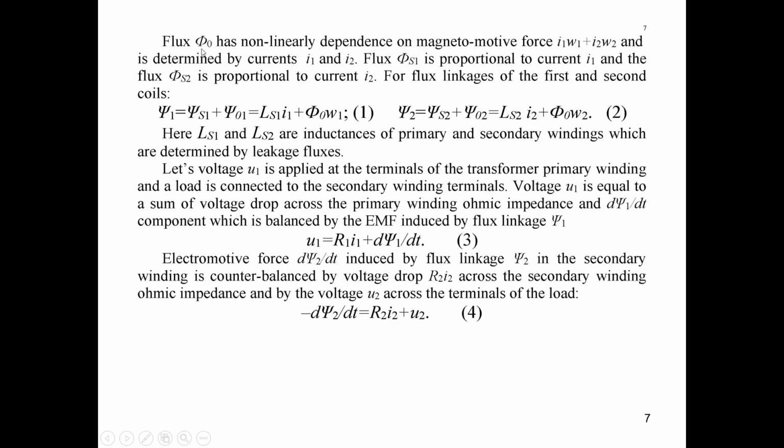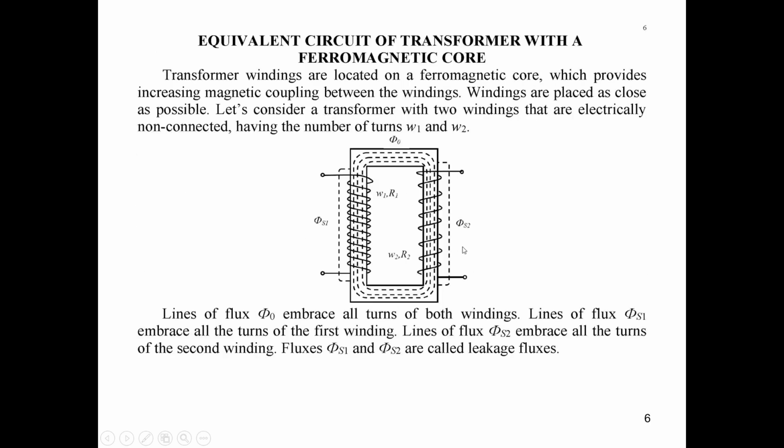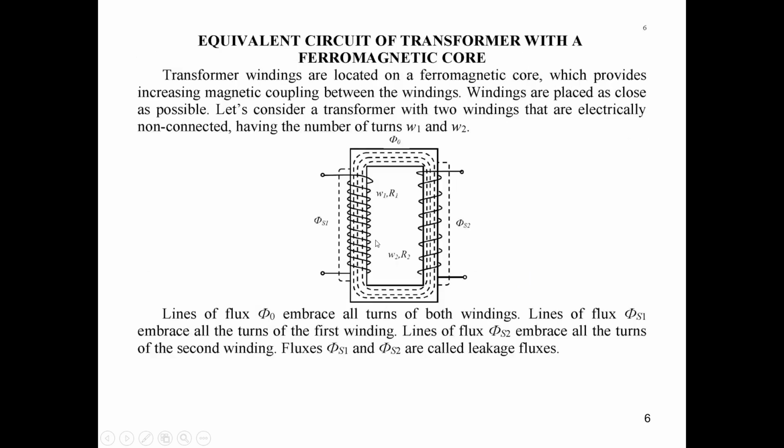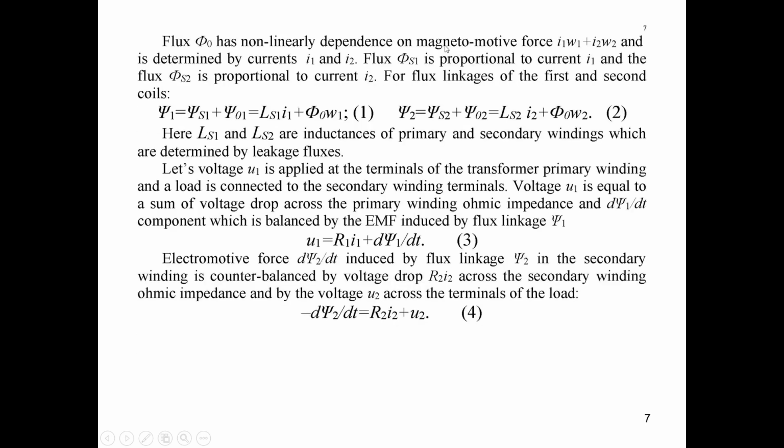Let's consider the flux Φ0, the flux through the magnetic core, which has nonlinear dependence on the currents which flow through these windings. It is determined by the magnetomotive force, and it's equal to I1 W1 plus I2 W2.